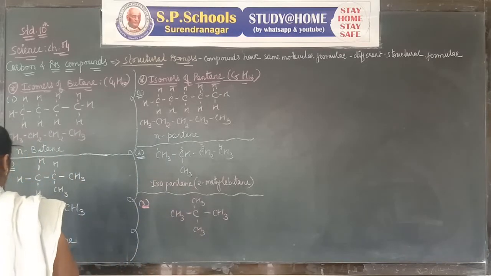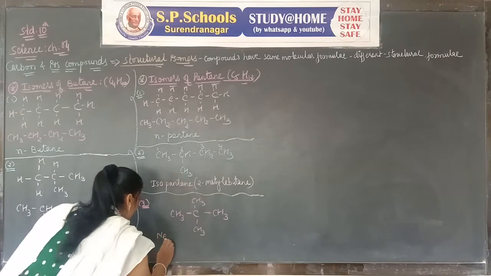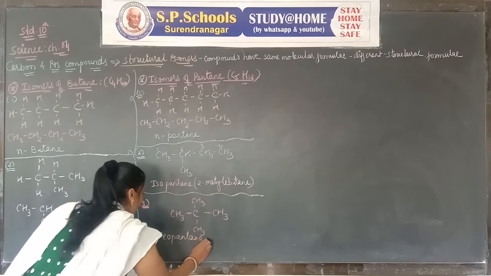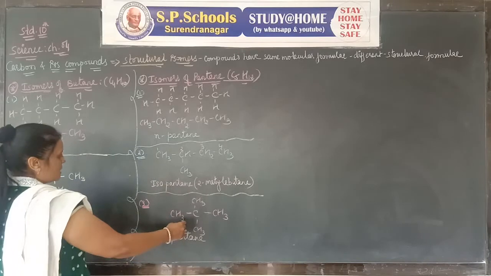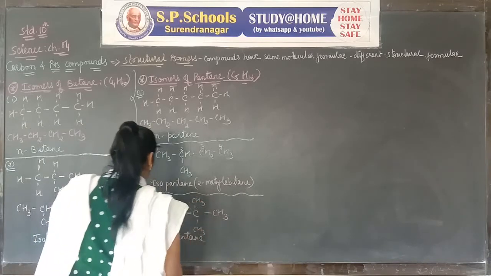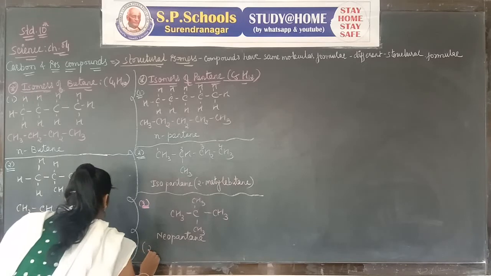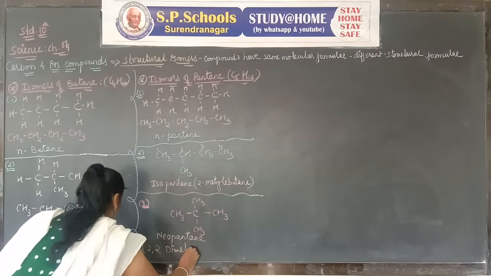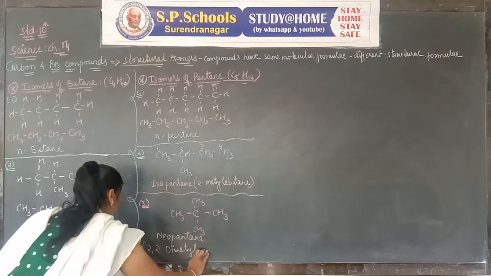It will be called neopentane, NEO, neopentane, or you have to write 2,2-dimethyl propane, since 2 methyl groups will be present.